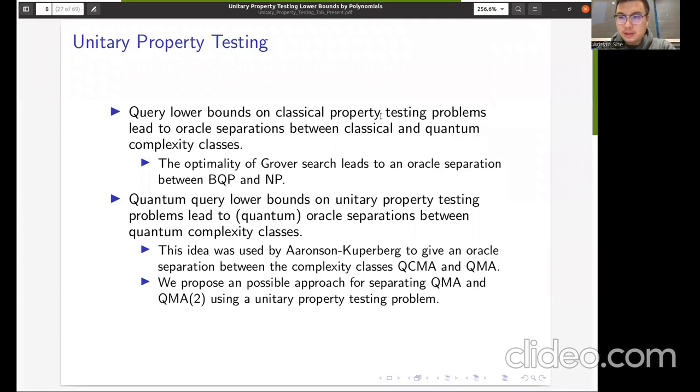So now that we've given some examples of unitary property testing problems and argued why they're interesting to study, we now state the generalized polynomial method that we use to analyze these questions.